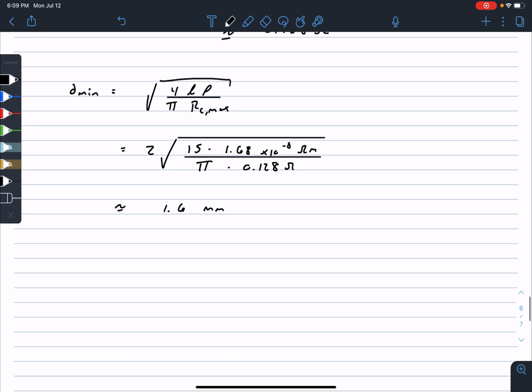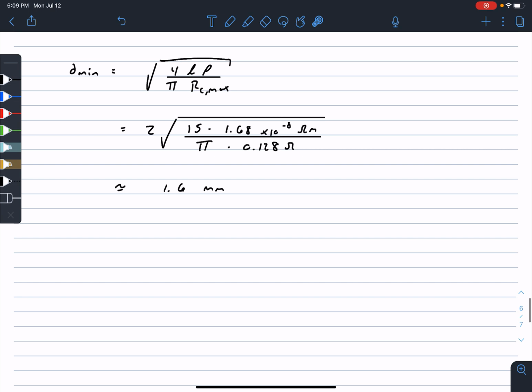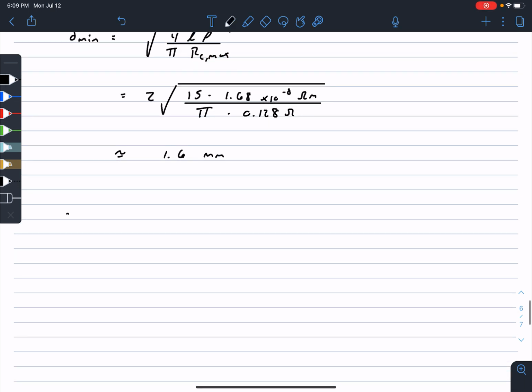So if I go through that whole process again, well, I don't have to go through all of this again. This is a lot. But if we just plug everything in again using instead the maximum value that we're told, let's do it this way. The next value, PT, is equal to 532, which gives us an RC maximum.